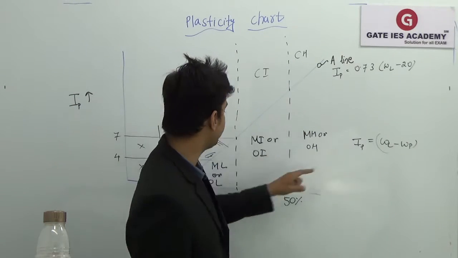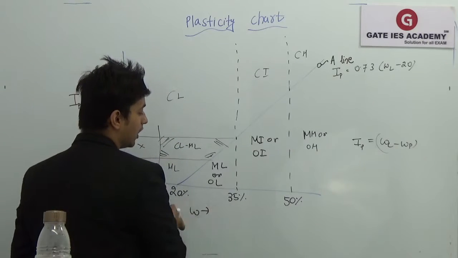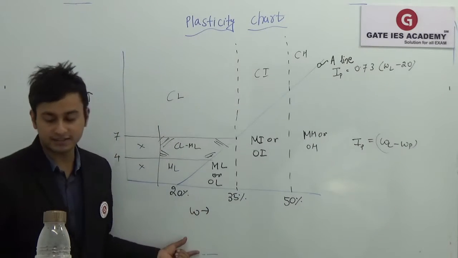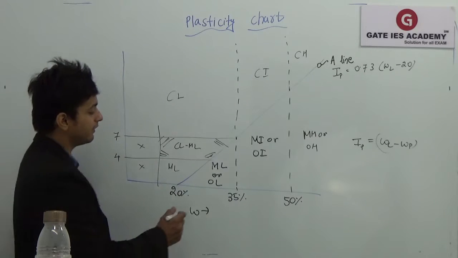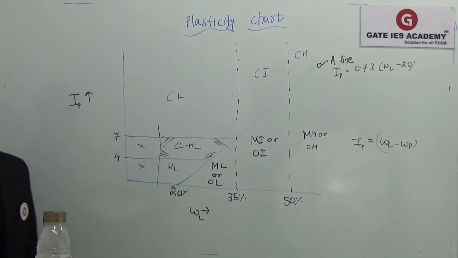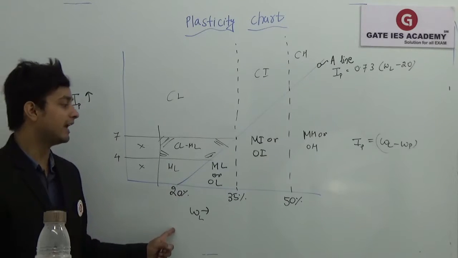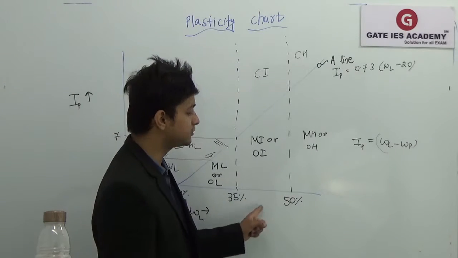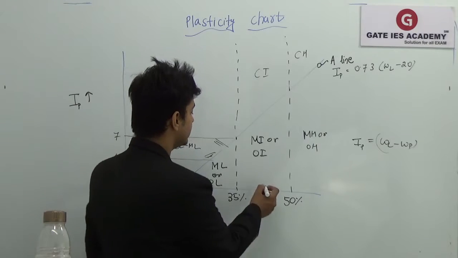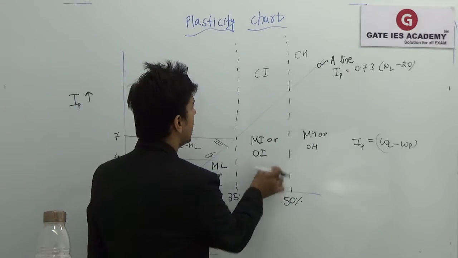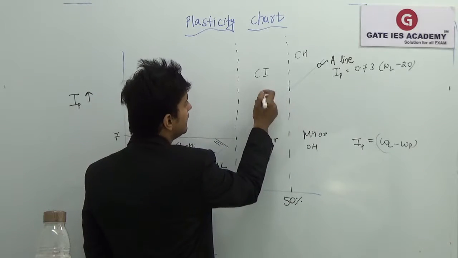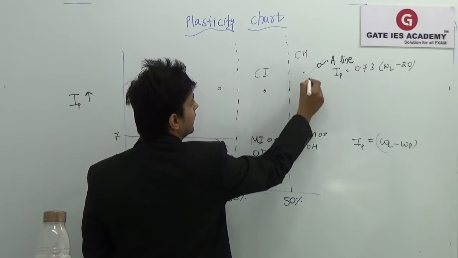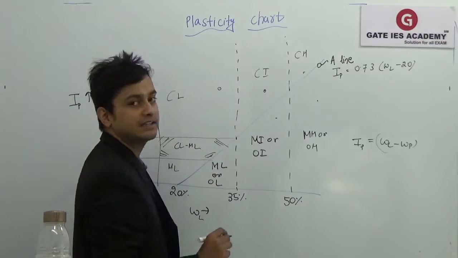Here we are not just plotting the water content, we are plotting the liquid limit values. If the liquid limit is between these two, this is the x coordinate which we'll be getting, and we'll be getting a y coordinate according to this. So we can measure where the point will be, wherever the region is.